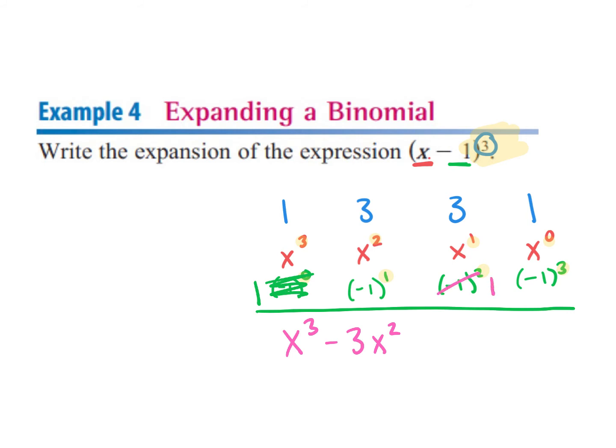So it's 3 times x times 1, 3x. Positive 3x, so it'll be a plus. And then what's x to the power of 0? Just 1. So I can cross that out and put a 1. And then what's negative 1 cubed? Negative 1. So it's 1 times negative 1, negative 1. So this would be our answer.